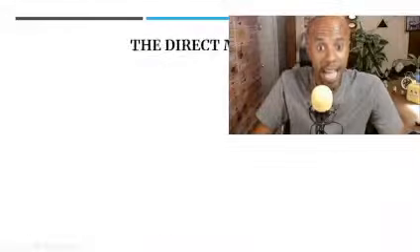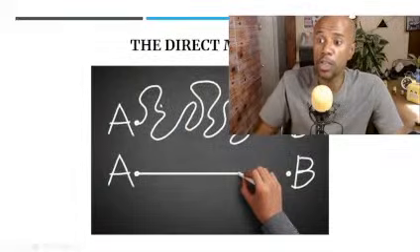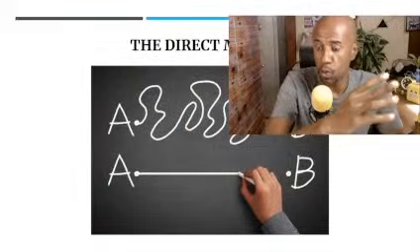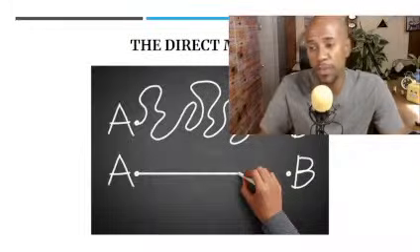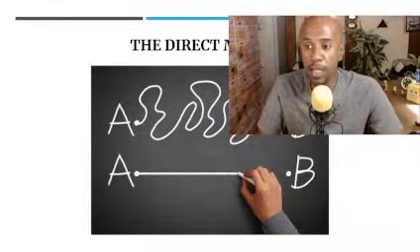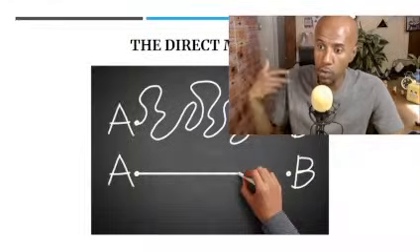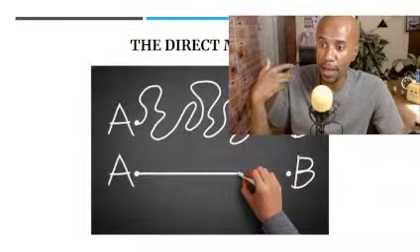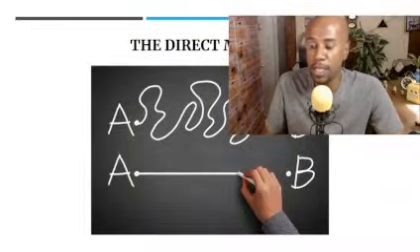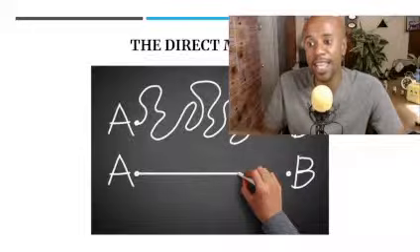Now, so the direct method, the swinging of the pendulum then would continue. By the end of the 19th century, the direct method, which once more stressed as its goal the ability to use rather than analyze a language.